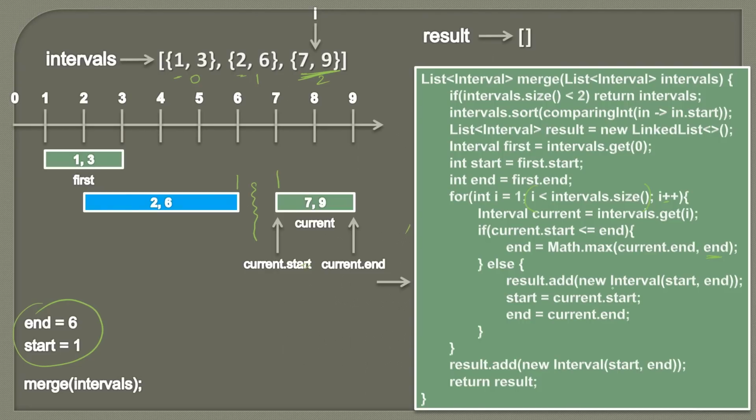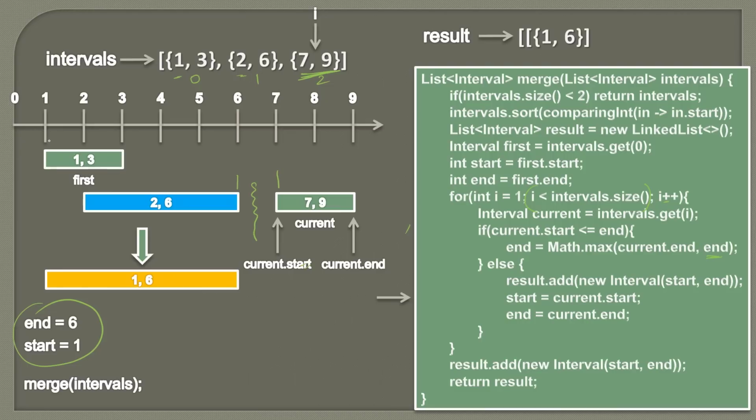So in the result we are adding a new interval of start, end. We are creating a new interval of start and end, which is 1, 6, and we are adding it to the result. So it would look something like this, that it is merged like this and it is added to the result list. Moving ahead.